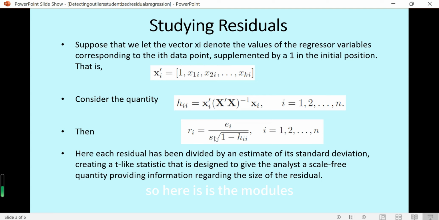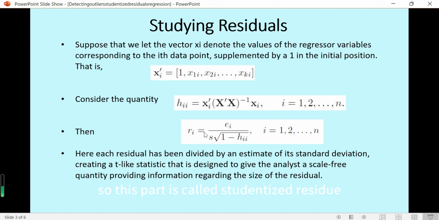So here is the modulus: the sum of squared errors divided by n minus k minus 2, where k is the number of parameters. Then take a square root. So this is S. Then here we fill in hii, then 1 minus hii, then take a square root.